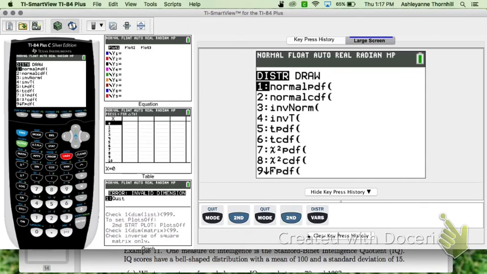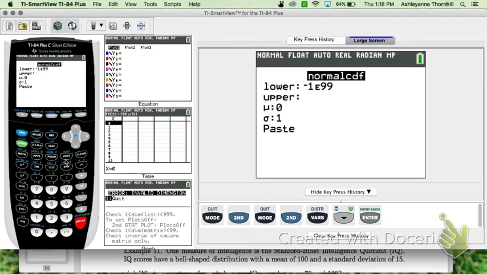VARS is right here. I'm going to go down to normal CDF. Second VARS, normal CDF. Then it's going to prompt you for a lower and upper bound. It says between 70 and 130.